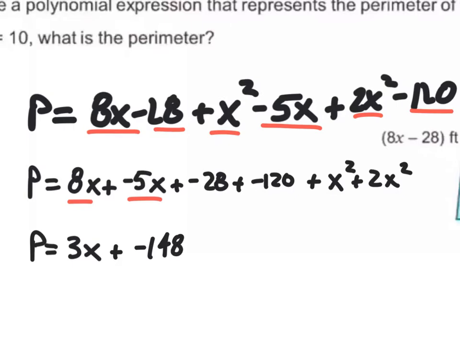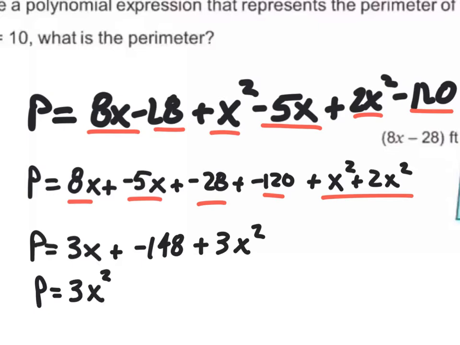And x squared plus 2x squared is going to give me plus 3x squared. Okay, and let's put this into standard form. So my perimeter for this whole thing would be 3x squared plus 3x minus 148. So my perimeter does depend on x.